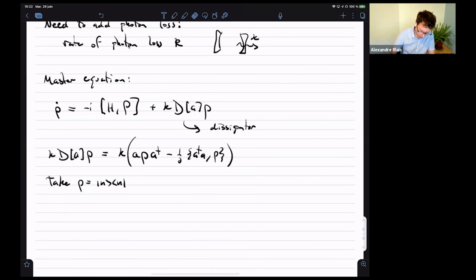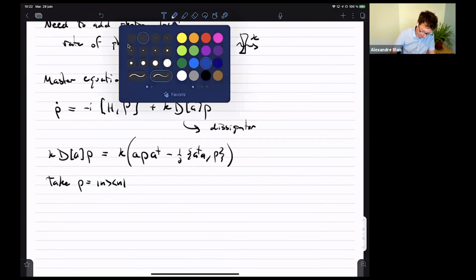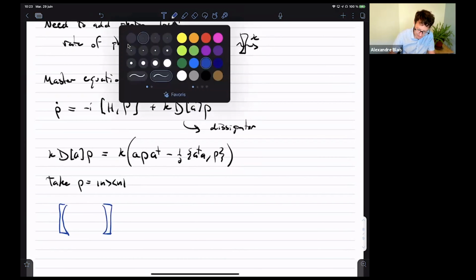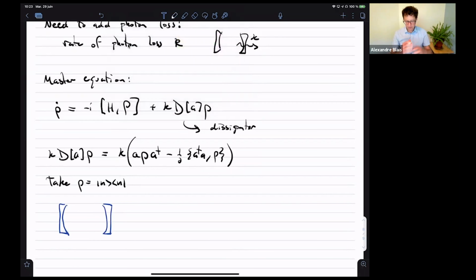Before looking at what it does, let's build intuition, maybe that's better. So what I'll do is add a cavity, and I will put some photons in the cavity.